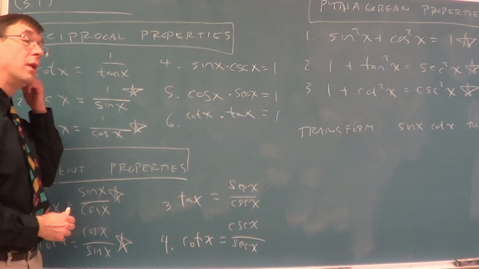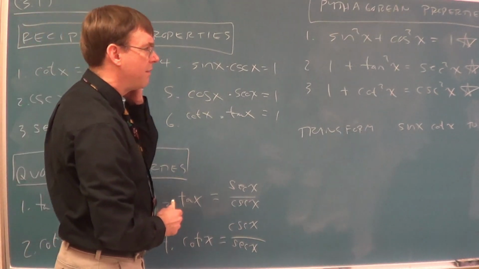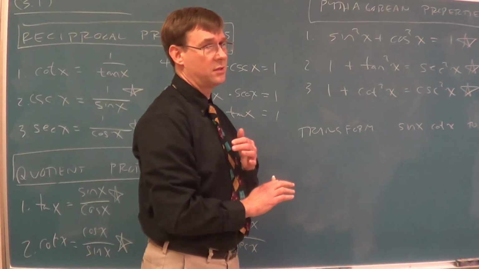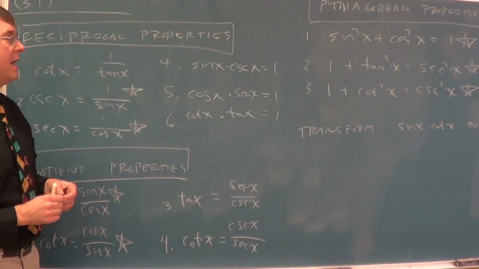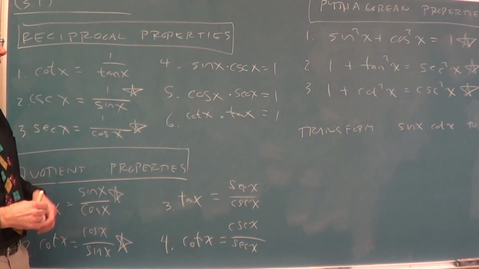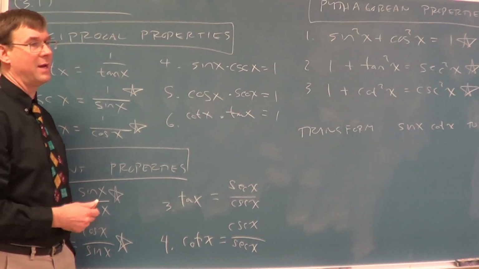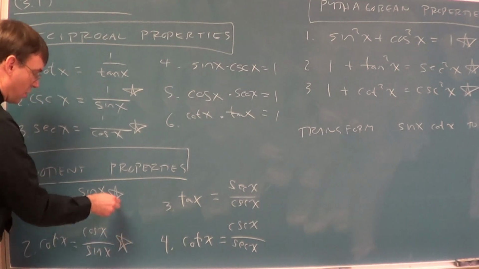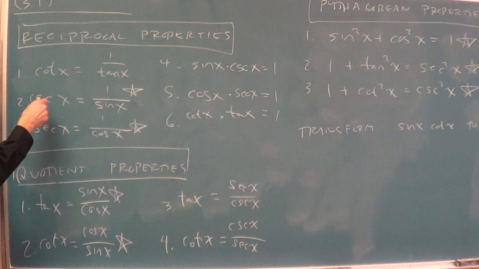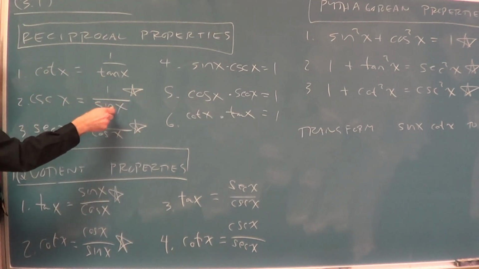So here's what you're going to be looking to do. My first bit of advice that will last you this entire chapter is, if you see anything that's not sine or cosine, see if you can make it sine or cosine. That's why I'm saying these are superstar properties, because if you see cosecant, you can make it into sine stuff.